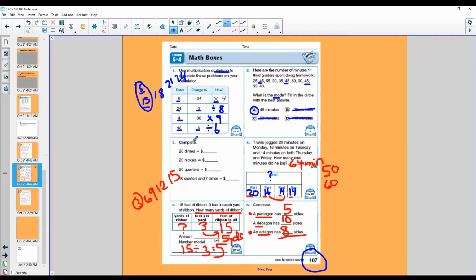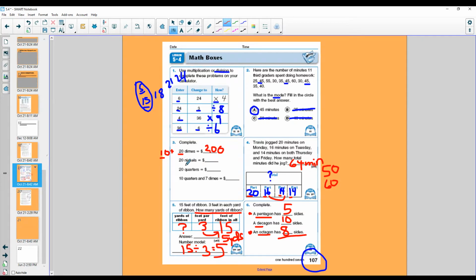All right, we're going up to the last one up here. So I'm just going to get this out of my way here. 20 dimes equals how much money? Well, if you don't know, you could count by tens 20 times, or you could think 10 times 20. So here we'd go 1 times 2 equals 2, and then 2 of these, and that gives us $2.